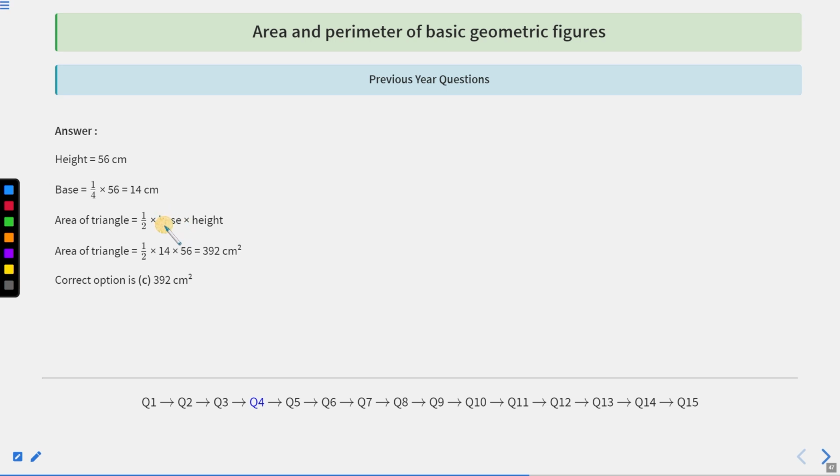Base is 14 centimeter, height is 56 centimeter. So the area of triangle will be half into 14 into 56. On simplification, 2 and 14 get cancelled and it's 7 times 56 and it will be 392 centimeter square. So the correct option here is option number C, 392 centimeter square.